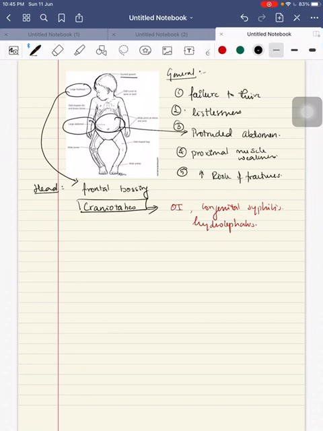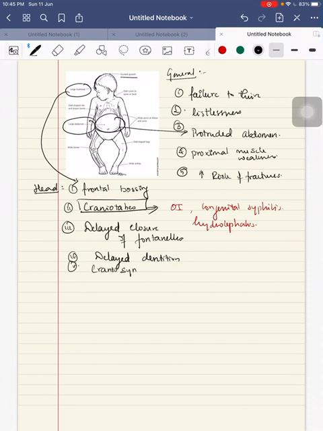This craniotabes can be detected by applying pressure at the occiput or over the parietal region. There can be delayed closure of the fontanelles, delayed dentition, and the child can also have craniosynostosis. Okay, these are the features of the child with rickets pertaining to the head region.